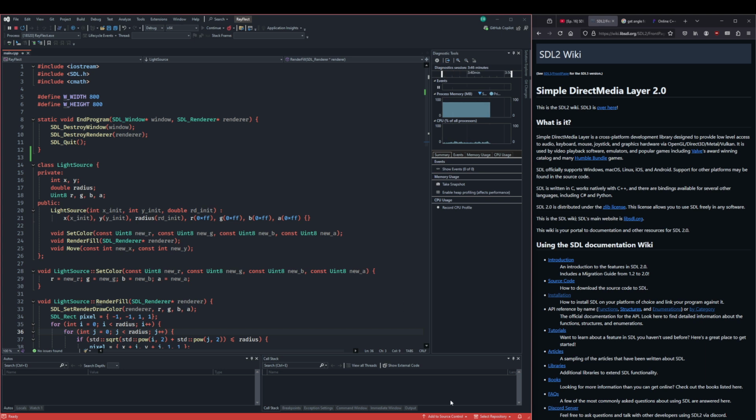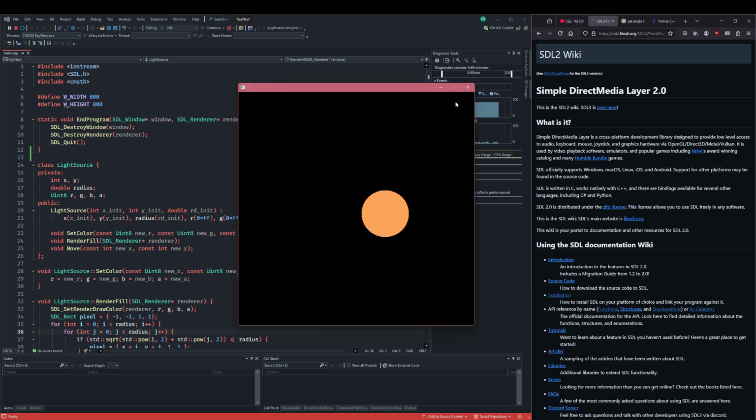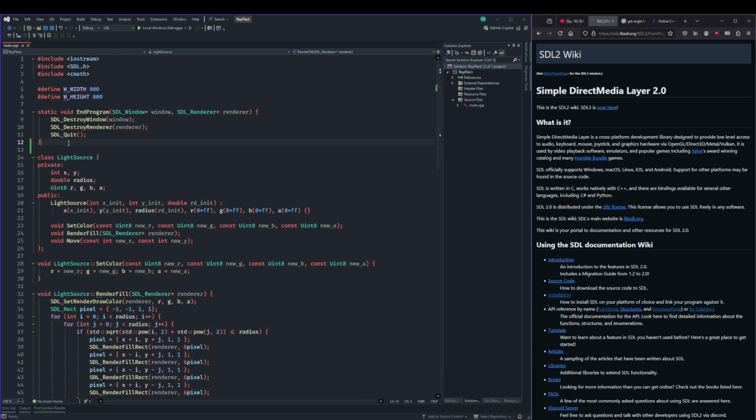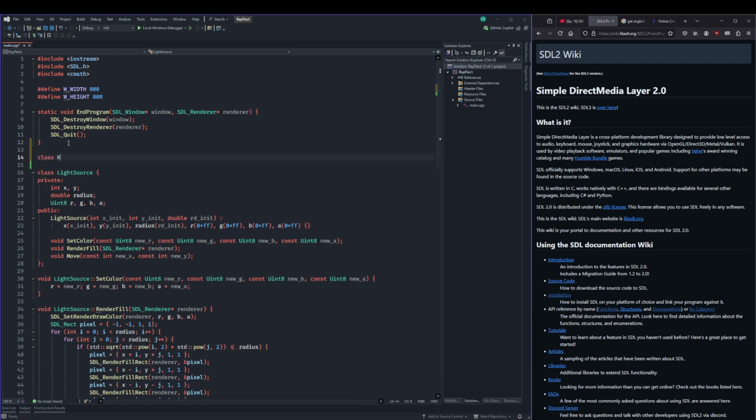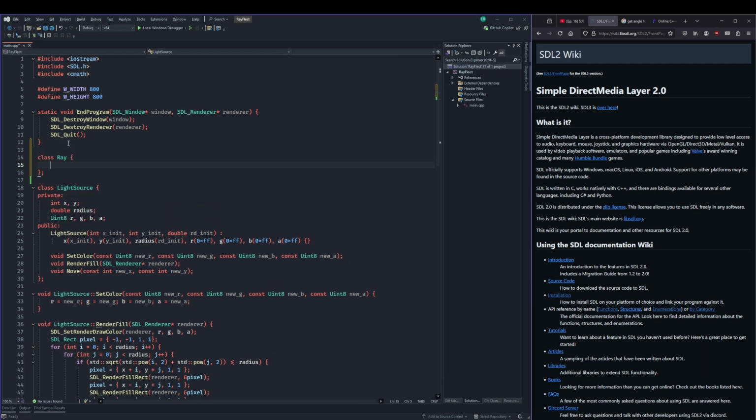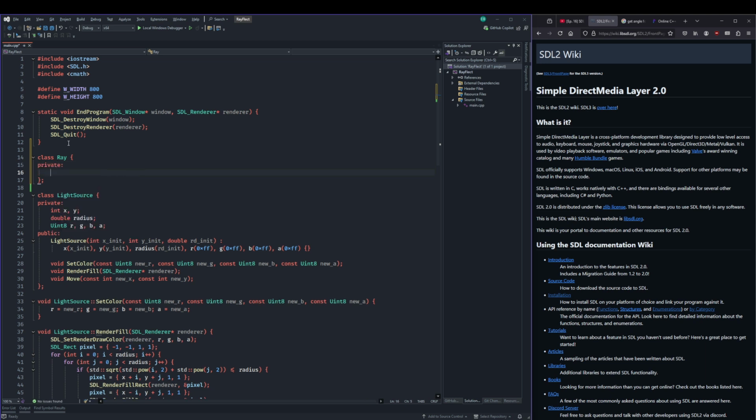So let's remember, so far we just have this. Let's make a ray class. So I'm going to call it Ray, and a ray is just going to have two private attributes, or maybe 3 for the color. Yeah, let's make it 3 in order to have the color.